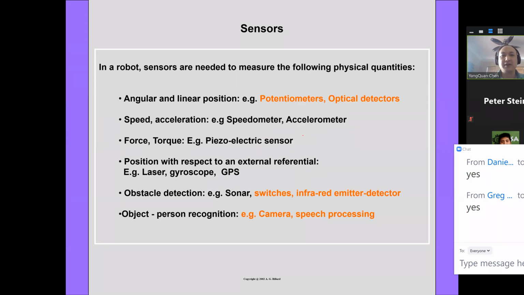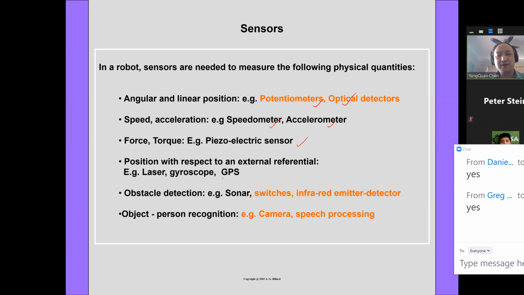For the sensors for typical robots, I ask you to count five types: potentiometers, optic detectors. We already covered all these: speedometer or tachometer, accelerometer, piezoelectric sensors for force and torque.